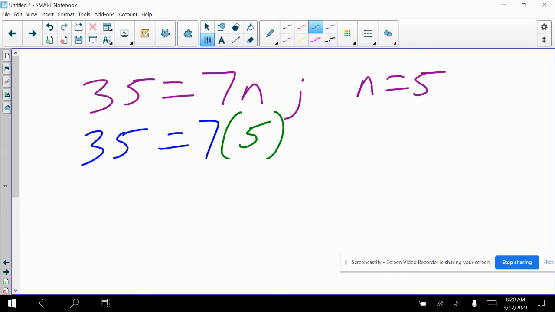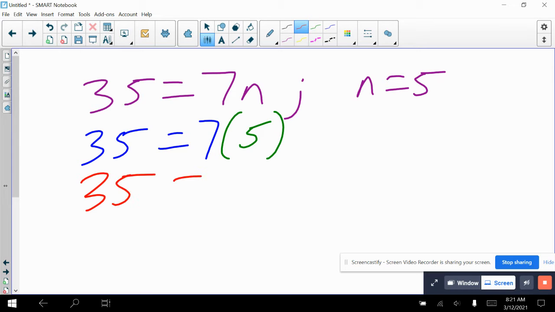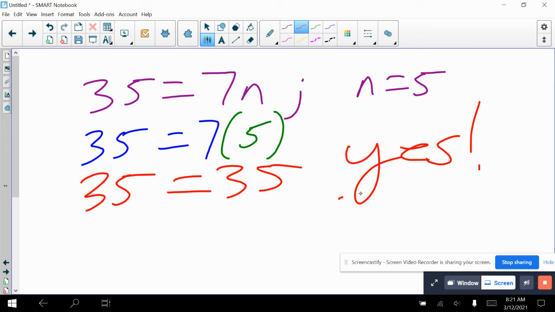Parentheses are more pronounced to use than anything else because you can't think of it as anything else other than multiplication. So obviously, if we finish that, 35 is equal to 35, and yes, the given solution works.